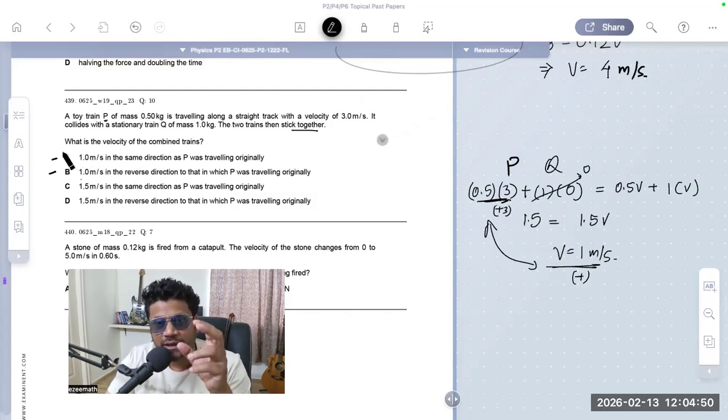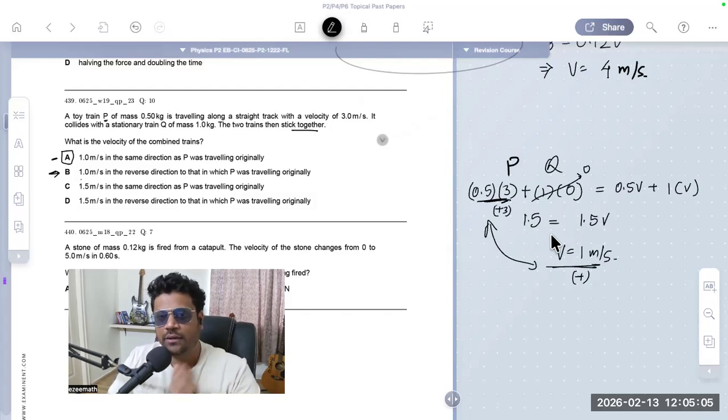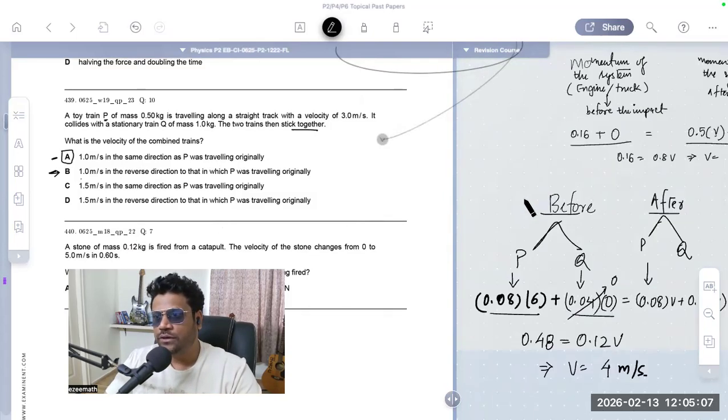And that is why the correct option is A. If by this calculation the velocity had come out negative, I would have taken it as B here. So you want to see the sign of the velocity that you take. Okay. Now let's go do one more.